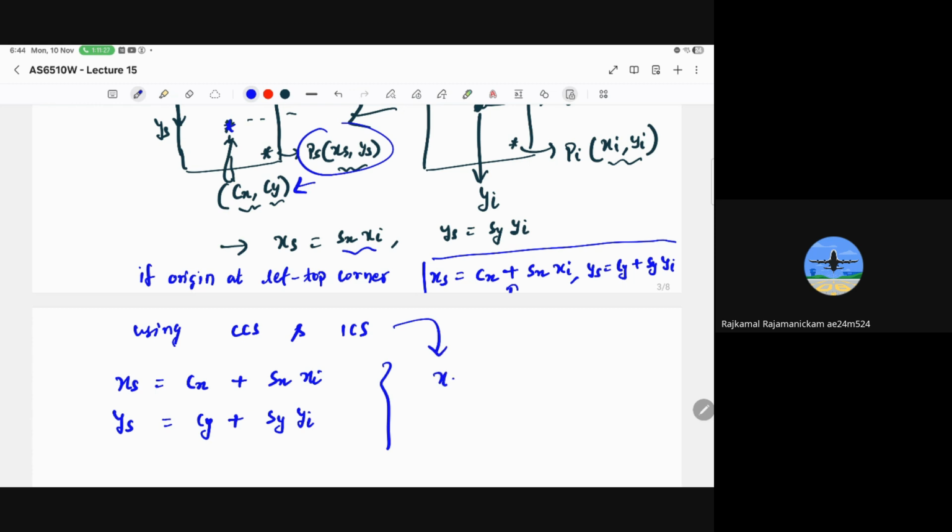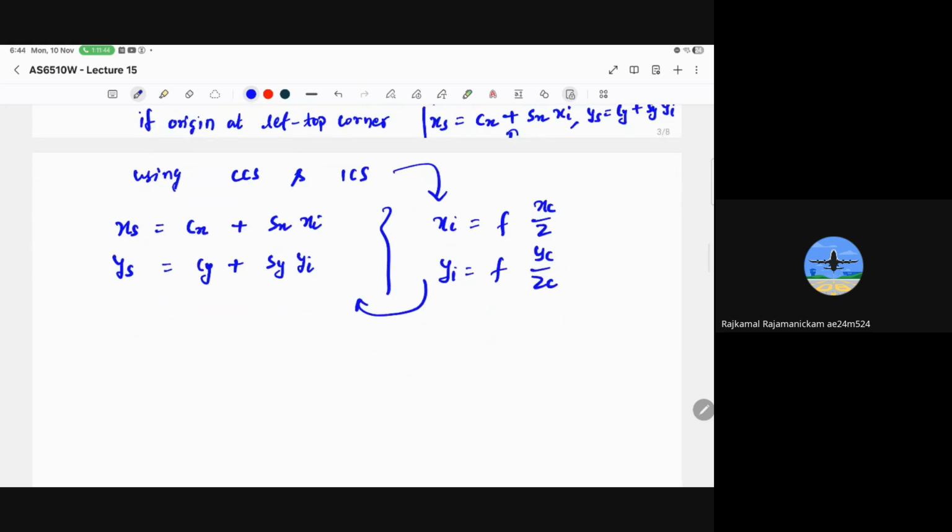The relation here is xi equal to f xc upon zc from perspective projection, and yi was f into yc upon zc. Now these relations we can insert here. Finally, we have xs equal to cx plus sx f xc upon zc, and ys equal to cy plus sy f yc upon zc.